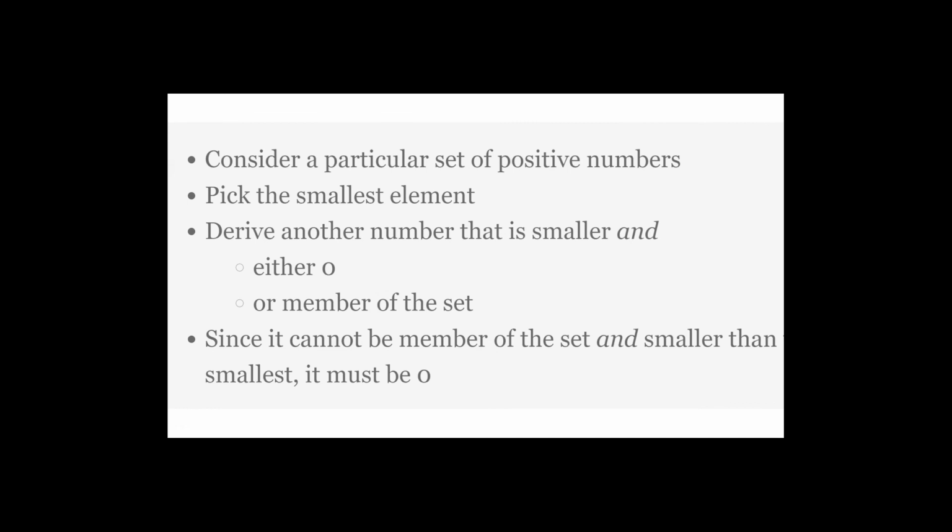So let's do that trick here. We create a set of all the numbers that are of the form ax plus by. So you take any linear combination of a and b, and you're only interested in the ones that are positive. This set is clearly not empty because a and b are in the set.